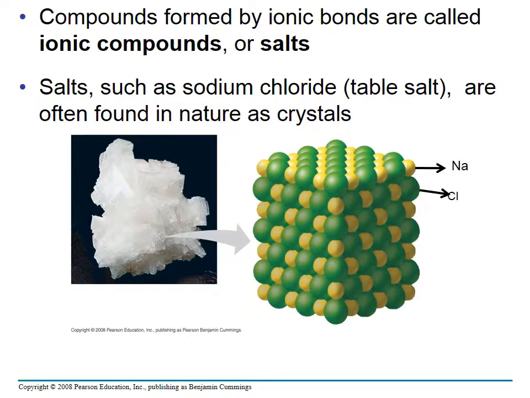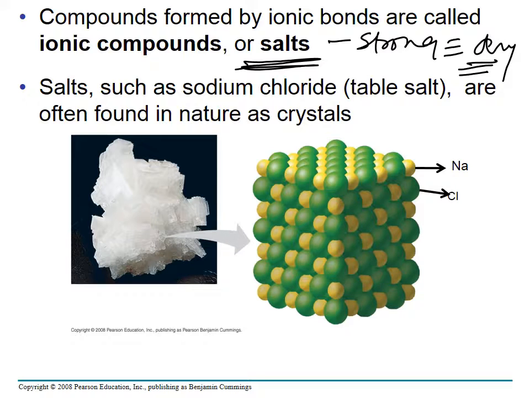Now most of the compounds formed by ionic bonds are ionic compounds. They are in salt form. They are very strong as long as they are dry. Like sodium chloride exists as stable salt. It is often found in nature as crystals.